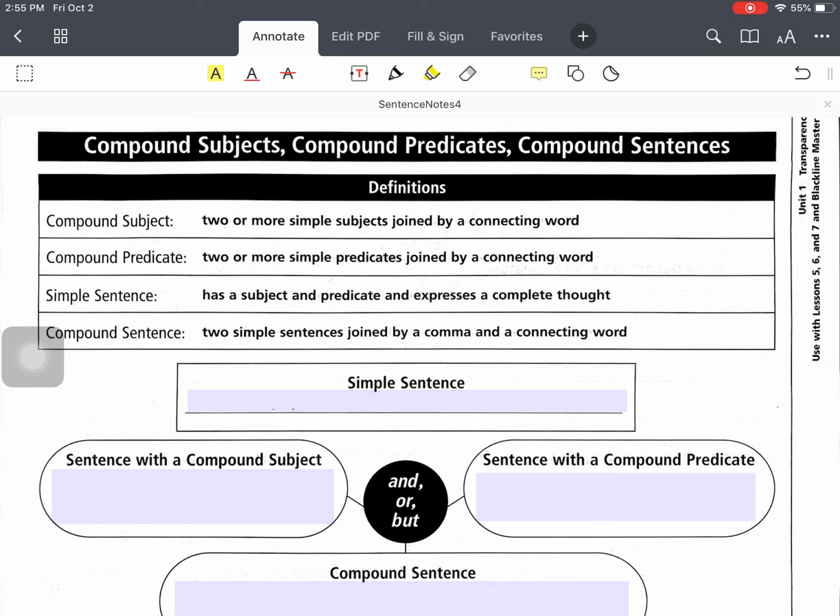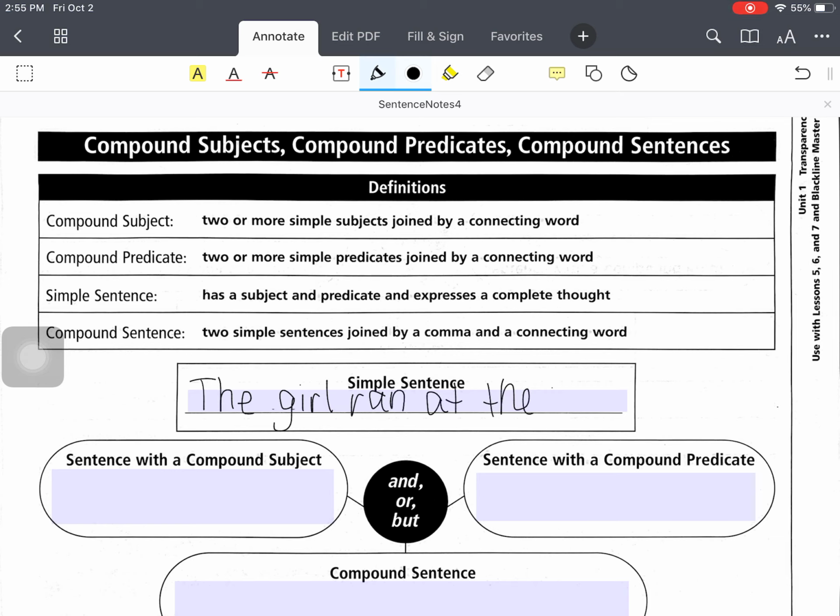So the first one I'm going to give you is a simple sentence, which means it's going to have 1 subject and 1 predicate. And the sentence I'm going to give you is the girl ran at the park. And first we have to decide what the subject is. So who or what is the sentence about?